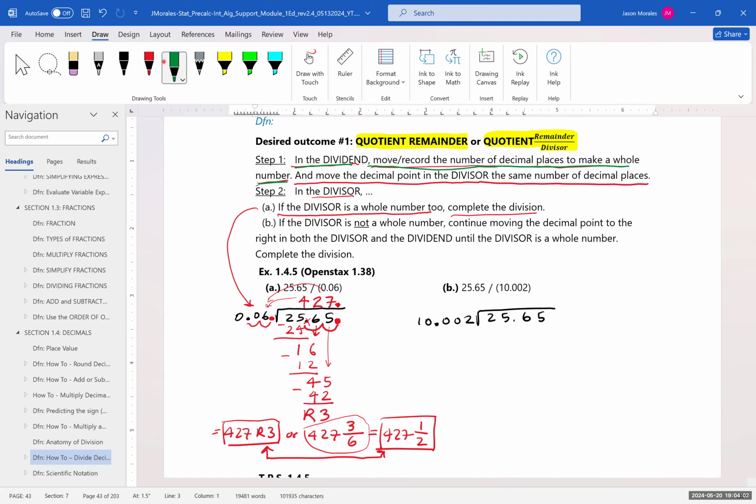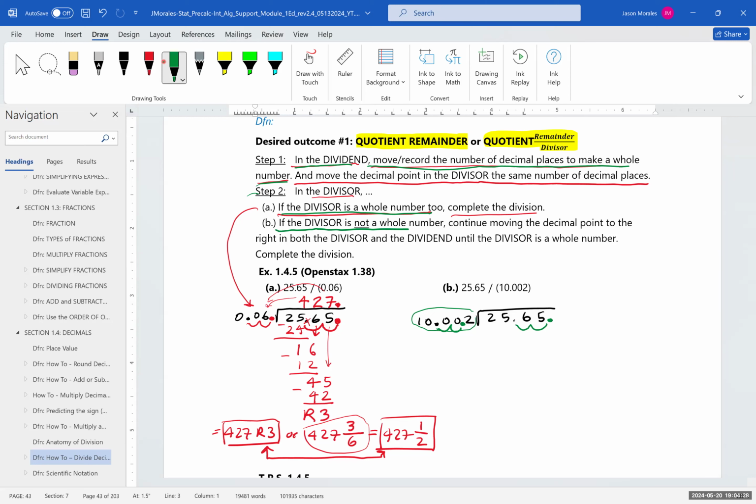So kind of like last time, we're moving this over 2 to the right in the dividend. So we have to move the decimal place 2 to the right in the divisor. Okay, now let's move on to step 2. So if the divisor is a whole number, all right, so let's look. 1000.2, because it's a 0.2, that's not a whole number. So actually, we're going to follow these rules.